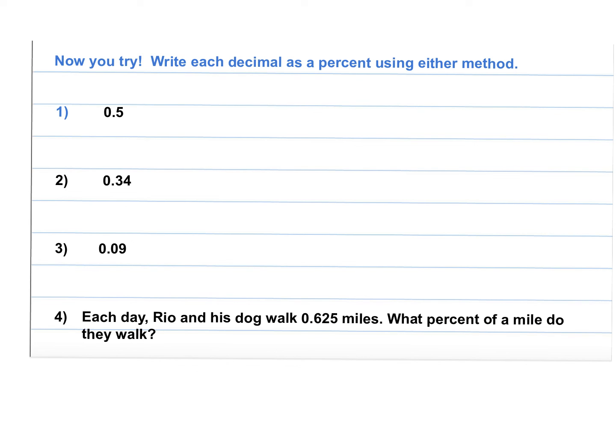Write all the decimals as a percent, and then come back and check to make sure that you wrote them correctly. So 0.5, so remember decimal to a percent, we're moving the decimal 2 places to the right.